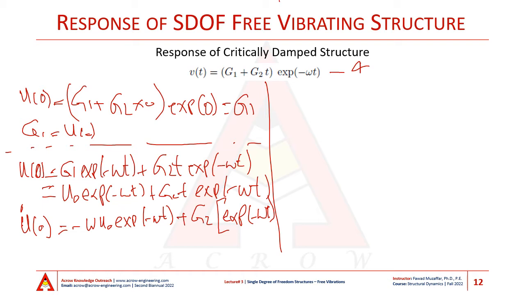And my second term will be minus G2 omega t exponential of minus omega t.